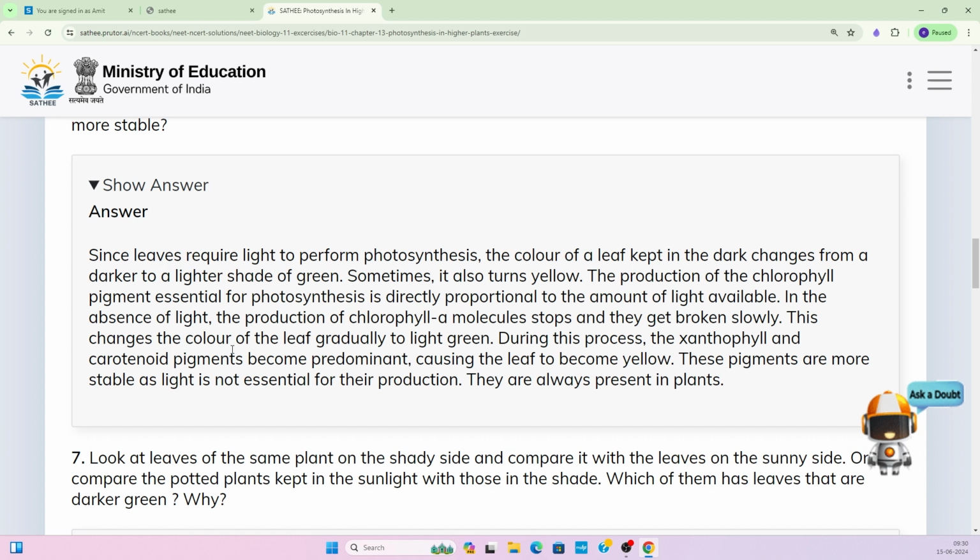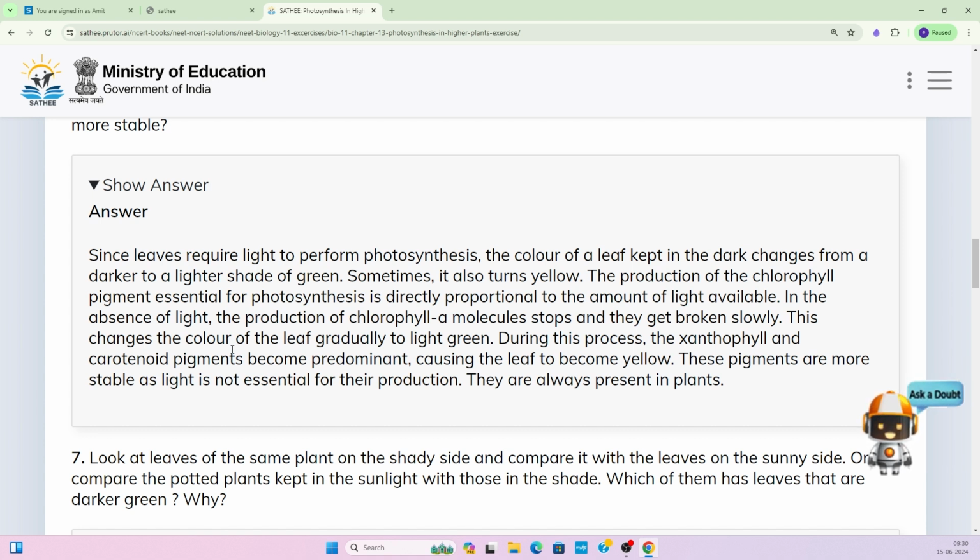When you keep these leaves in a dark region, light does not reach them directly. After some days you see that they become a lighter shade of green. The leaves which were earlier darker in shade are now changing to a lighter shade of green. Sometimes they even turn yellow.